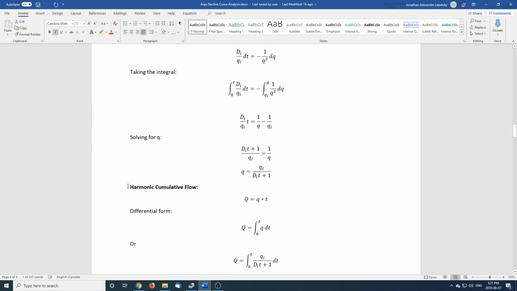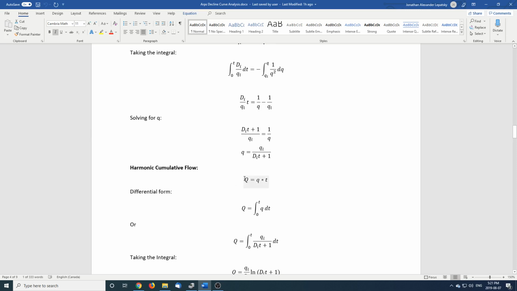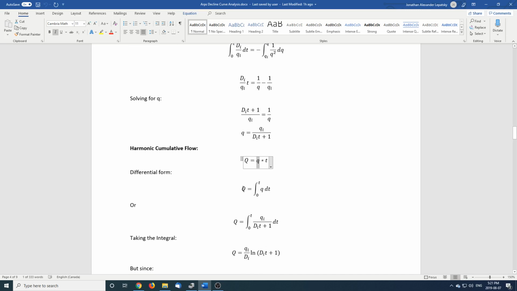So next we have harmonic cumulative flow. Just like before, we consider if q is constant, then to get the cumulative flow, you'd go the flow rate times time. But because flow rate changes with time, you have to do the differential form and take the integral, just as before. This is the exact same as before up to this point.